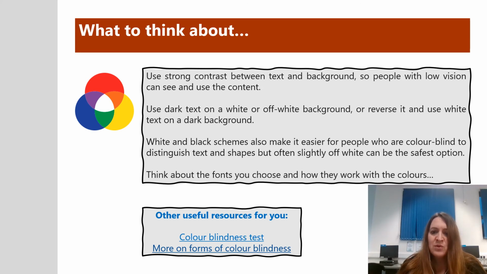Black and white schemes also make it easier for people who are colourblind to distinguish text and shapes, but often slightly off-white can be the safest option. Everyone's going to have different needs, and so it's really hard to make sure it's accessible for everybody. But by taking these simple steps with colour, it can make, in general, people's lives much easier.